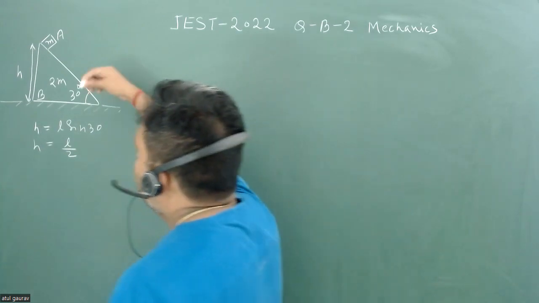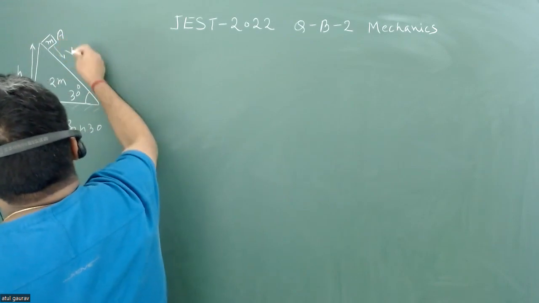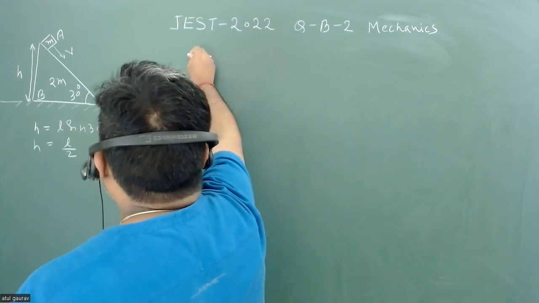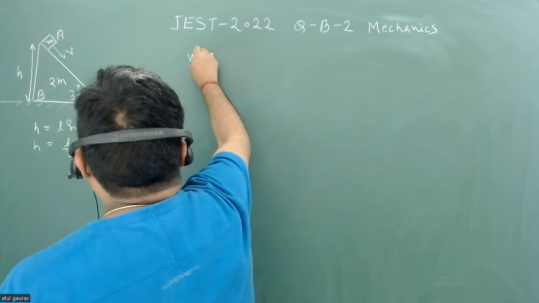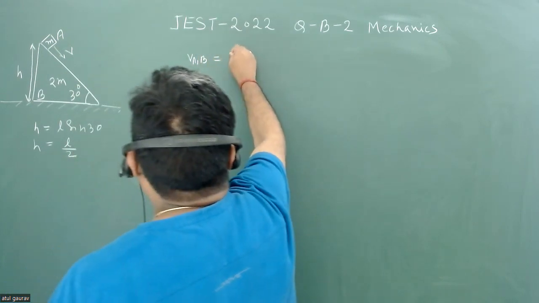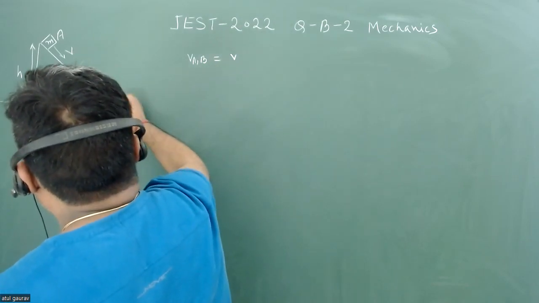Let us assume the block M is going downward with velocity v with respect to the wedge, so velocity of A with respect to B is equal to v.